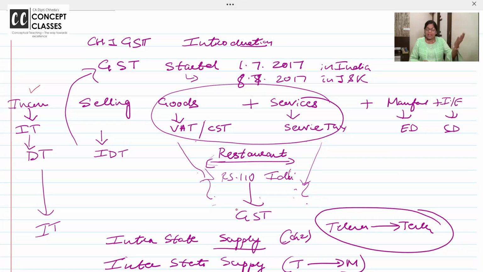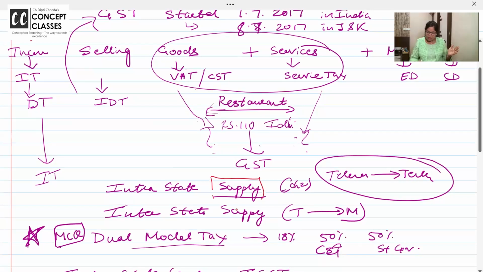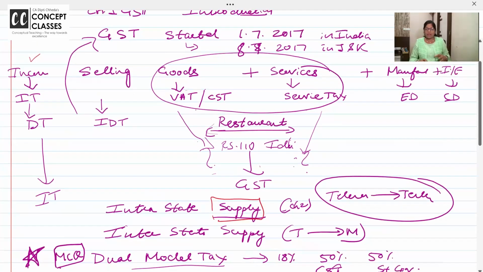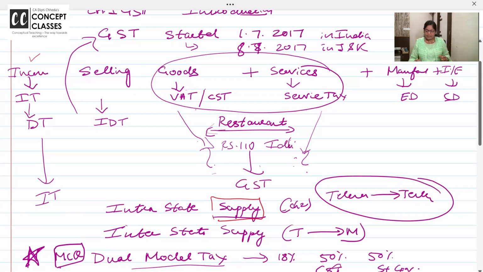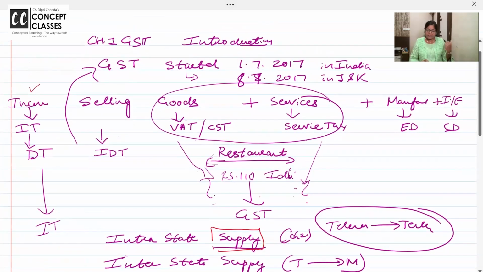That's direct tax. And when you are selling goods or selling services, put together goods and services is called supply. Supply of goods or supply of services put together has come in the GST Act.